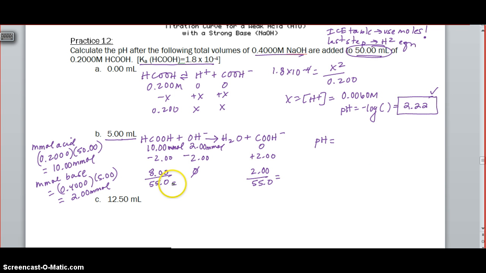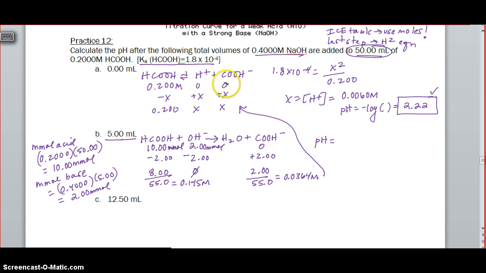So when we do 8 over 55, we get 0.145 molar, and when we do 2 over 55, we get 0.0364 molar.